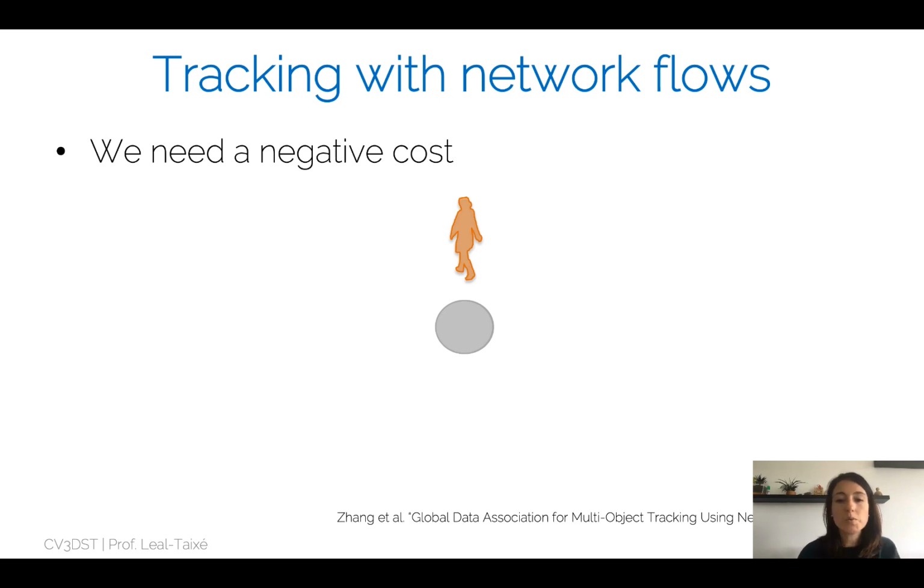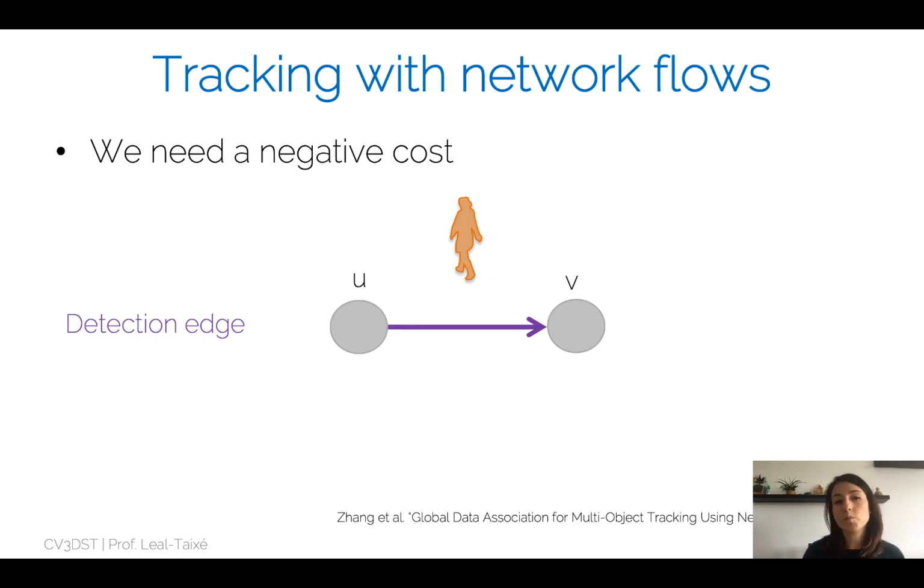So I'm going to follow the formulation of this CVPR 2008 paper, in which they say, let's take each node. Remember that each node represented a detection in our video, and let's separate it into two nodes. The advantage of this is that now I can put an edge in the middle, which is going to be a detection edge, and this detection edge is going to have a negative cost.